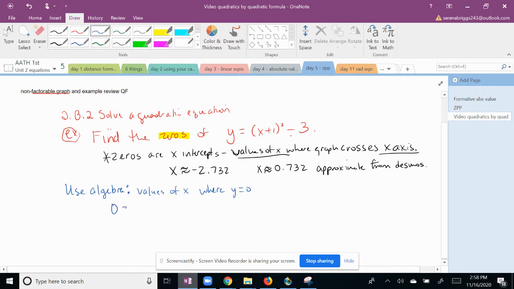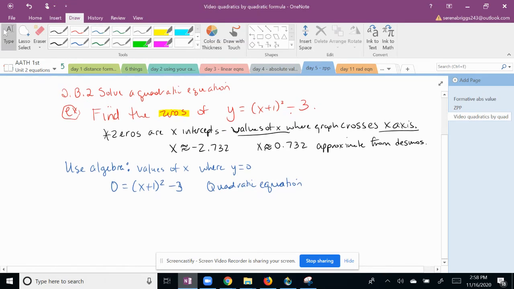So I'm going to substitute y equals 0 into the equation, and this is what we call a quadratic equation, because the highest power on x is squared, so this is a quadratic polynomial, and we're trying to solve it as an equation set equal to 0.